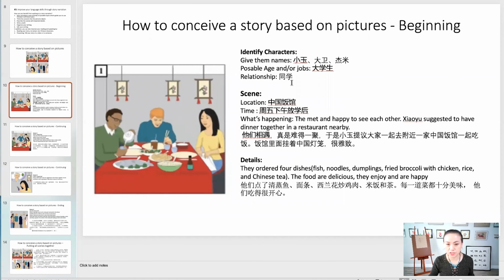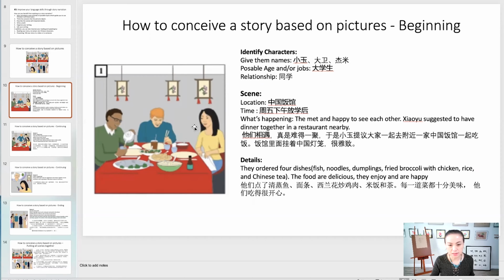So this is the first one. And also by the possible age or the jobs, we can say they are college students, because if they're working, they shouldn't always have money in their pockets. That's just a guess. And then the scene.